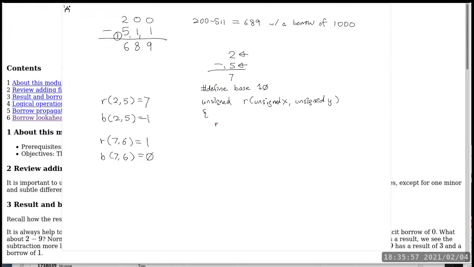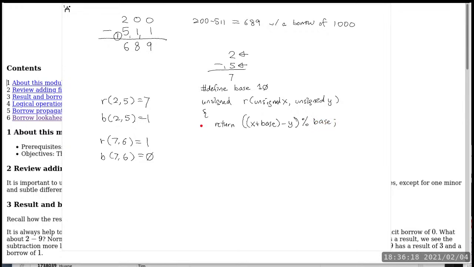So what I return in this case is I would always just add base to x first before I subtract y from it, and then we mod the whole thing with whatever base we have.